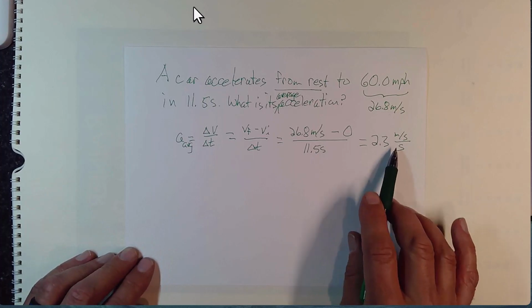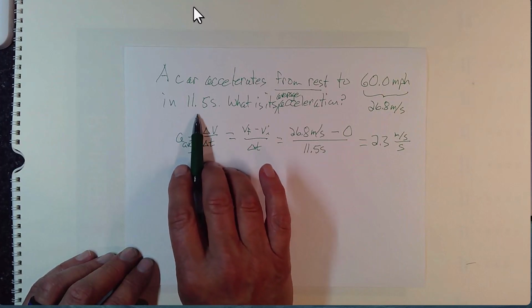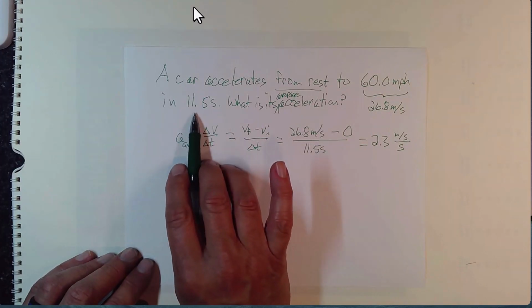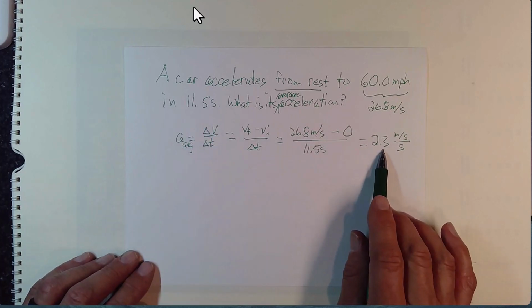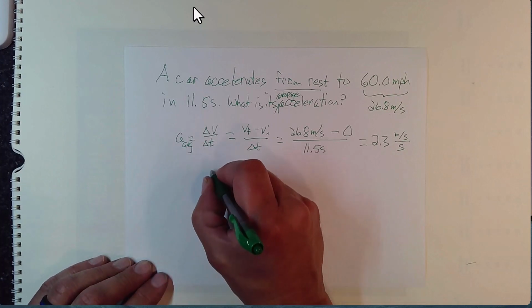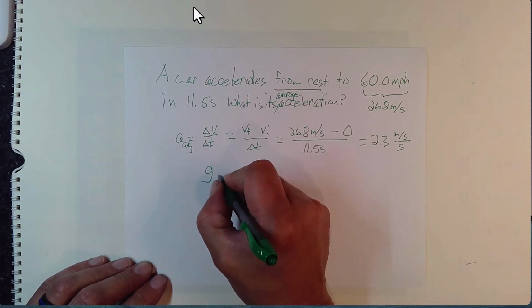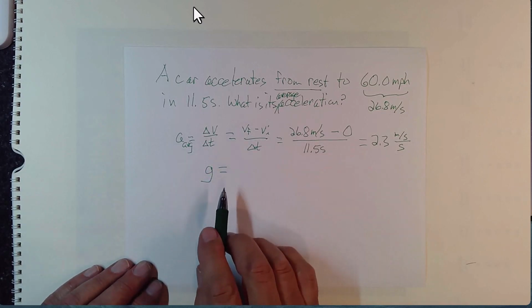Now, if it got from 0 to 60 miles an hour in, say, half of this time, which would be about 5.75 seconds, it would have double the acceleration, 4.6 meters per second per second. By comparison, there's a number we write with a lowercase g, and this is the acceleration due to gravity.